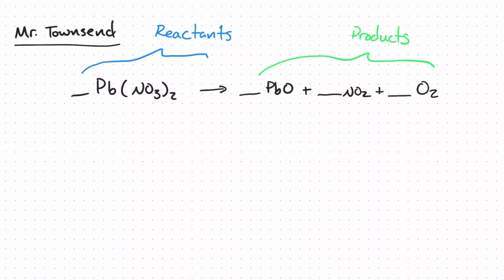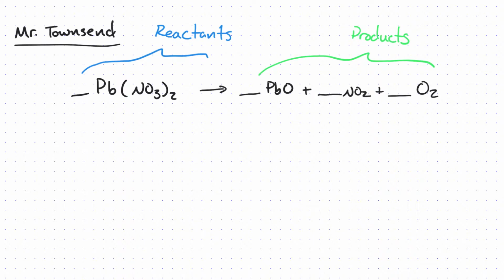Also note that the law of conservation of matter states that whatever we begin with in the reactants, we have to end up with the same amount of mass in the products. That's why we're balancing these equations, so we can see how much of each is required in order to keep that balanced.